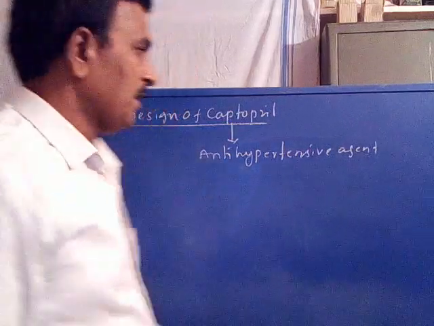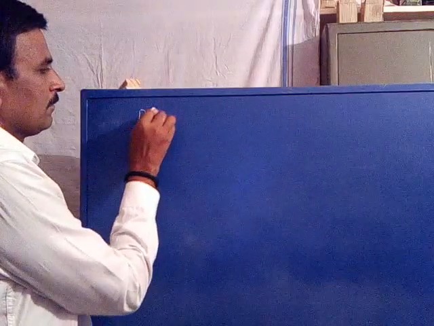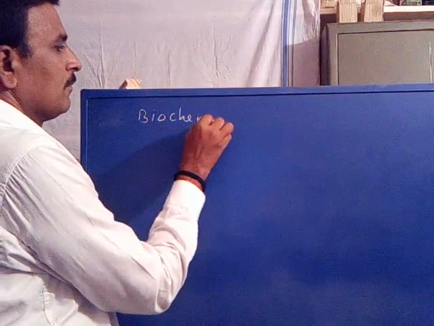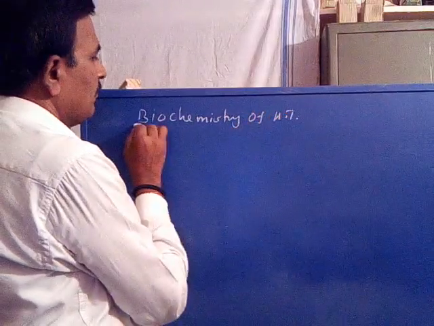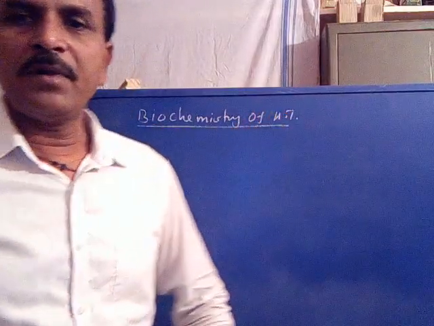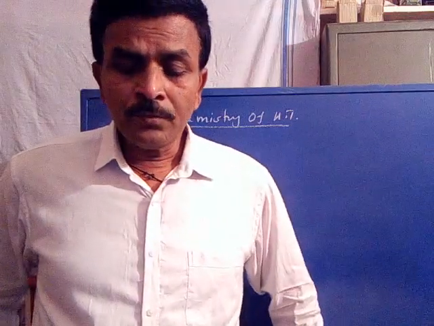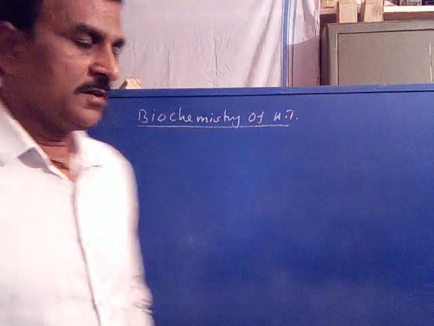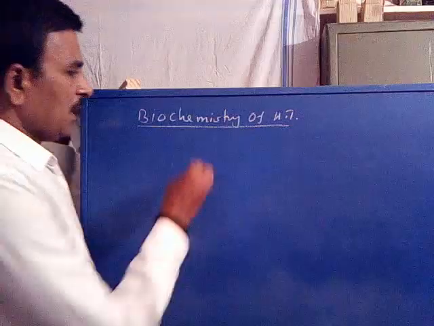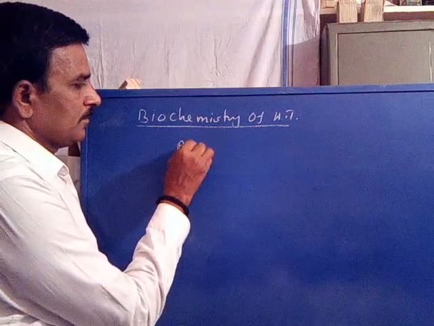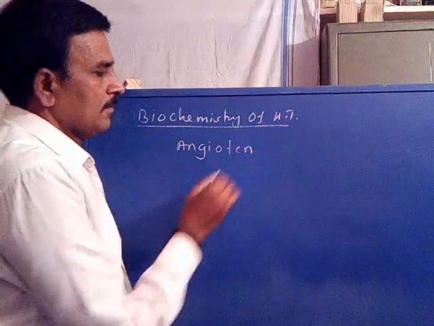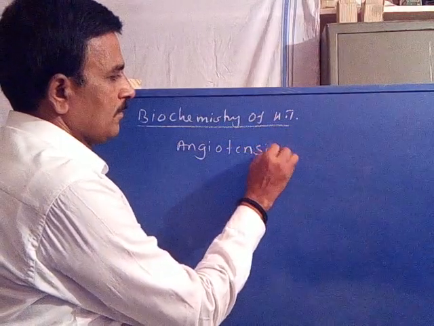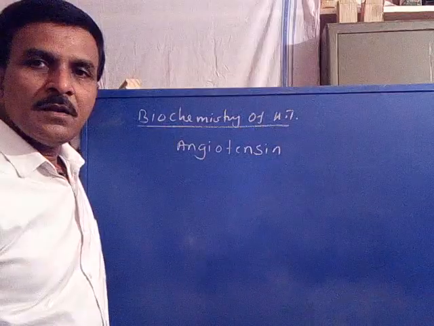Now, biochemistry of hypertension. Let us see how hypertension is caused. First, angiotensin. Angiotensin is a polypeptide.